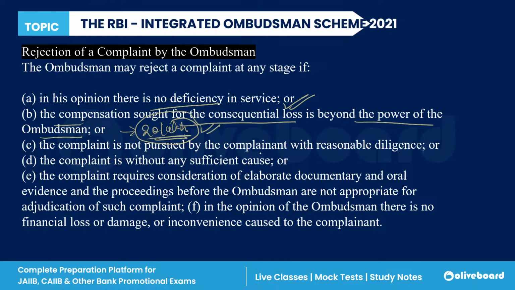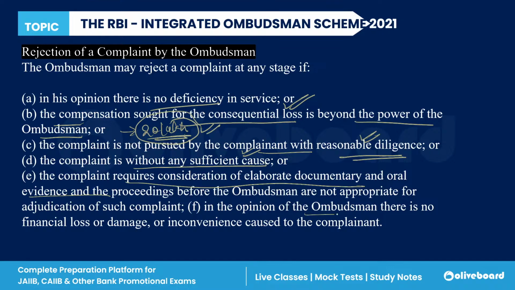Complaint is not pursued by the complainant with reasonable diligence. There is no reasonable diligence while complaining about the regulated entity. The complaint is without any sufficient cause. Maybe there is a complaint which is without any sufficient cause, so these complaints should be rejected at once. The complaint requires elaborate documentary or oral evidence.